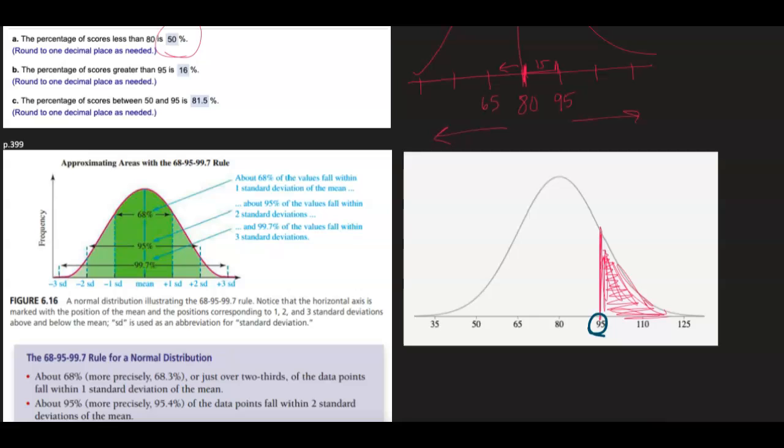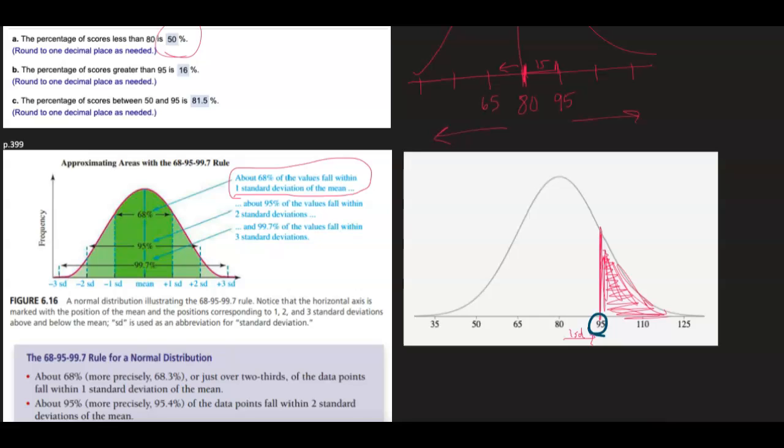So I see that here's the 95, and it is one standard deviation, one SD, from the mean. So with that, I'm going to look for what value pairs with one standard deviation of the mean, and that is this 68%.